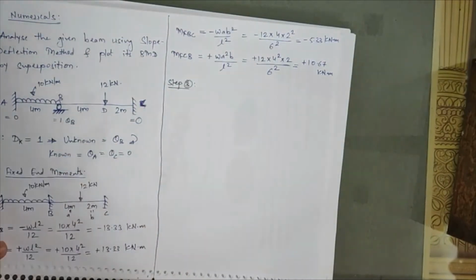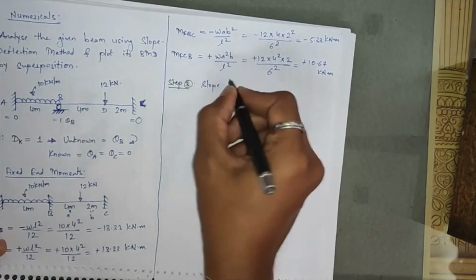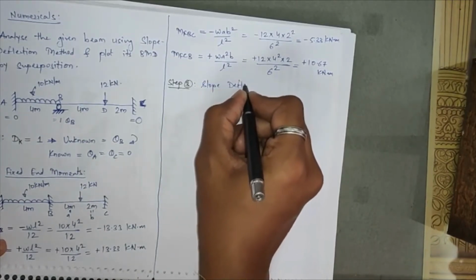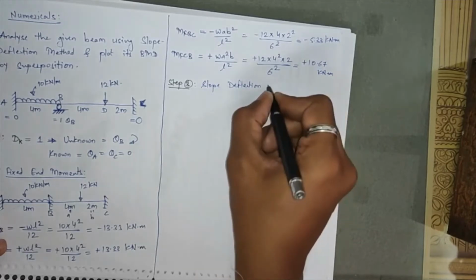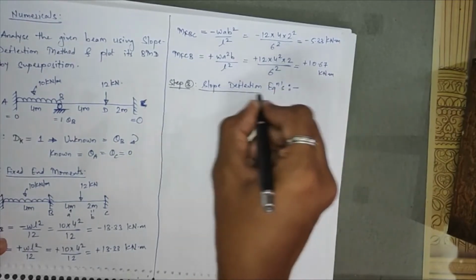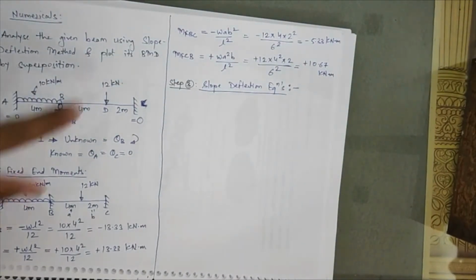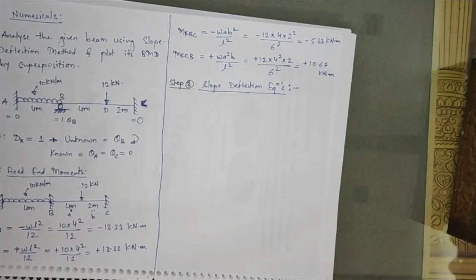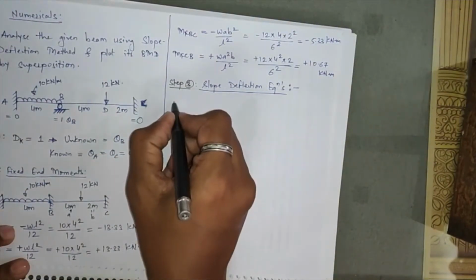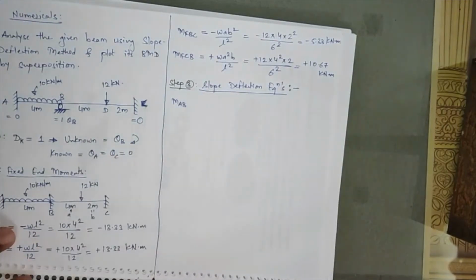Now in step number 3, what you have to do, you have to formulate your slope deflection equations. Okay, now slope deflection equation will be how much? As many fixed moments, that many will be your slope deflection equations. So for first equation that I'll see for member AB, that equation will be MAB.